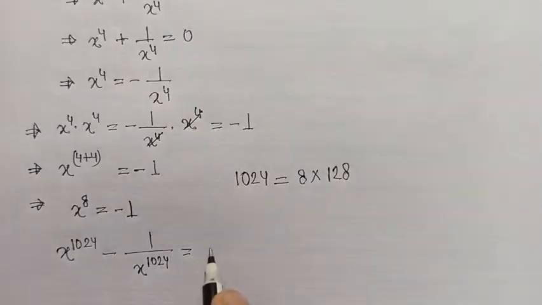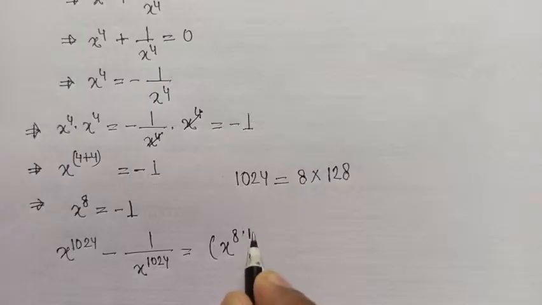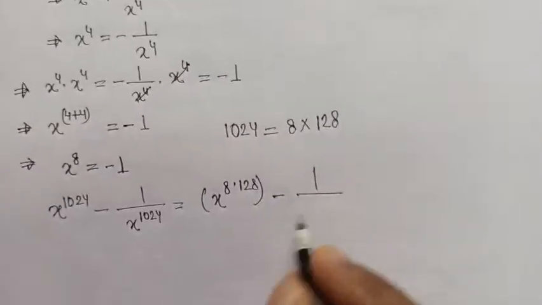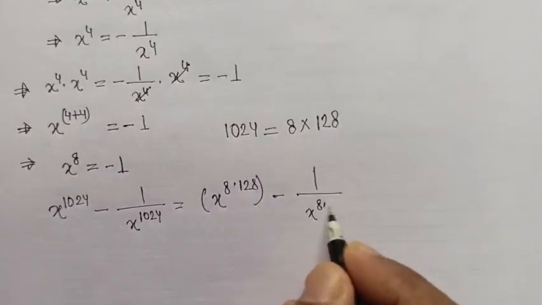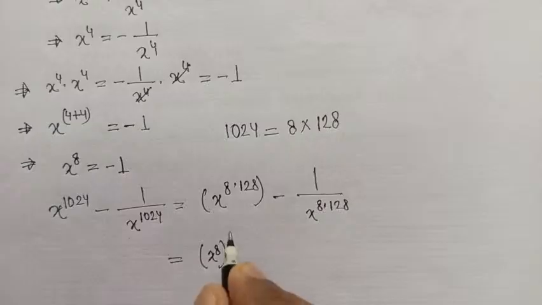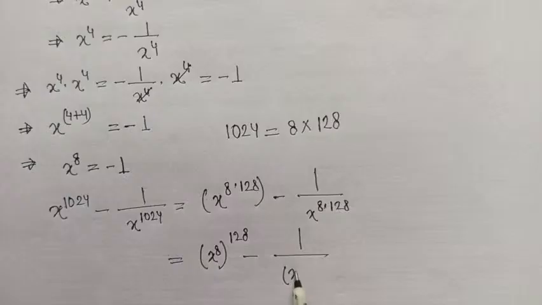So now we can write this as x to the power 8 dot 128 minus 1 by x to the power 8 dot 128. Now we can write the expression as (x to the power 8) to the power 128 minus 1 by (x to the power 8) to the power 128.